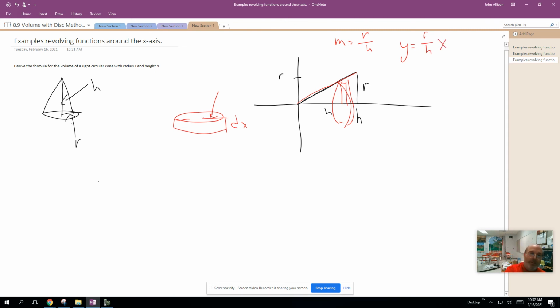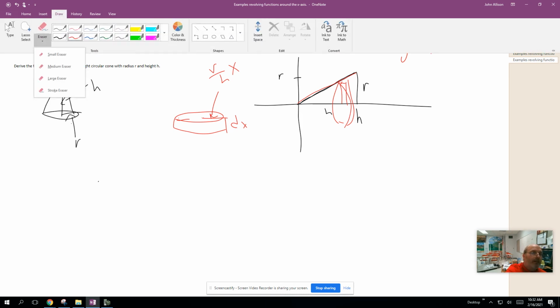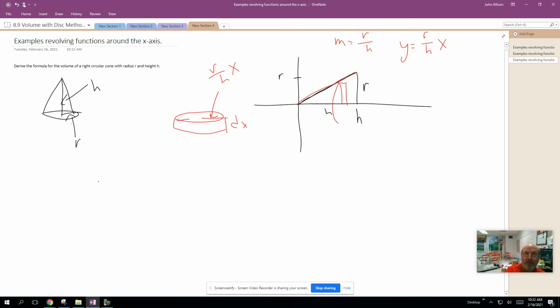So that's going to be the radius, r over h times x, for any one of these rectangles that we create inside. Any rectangle we create inside there is going to be r over h times the x value at that rectangle. And the width is going to be dx.